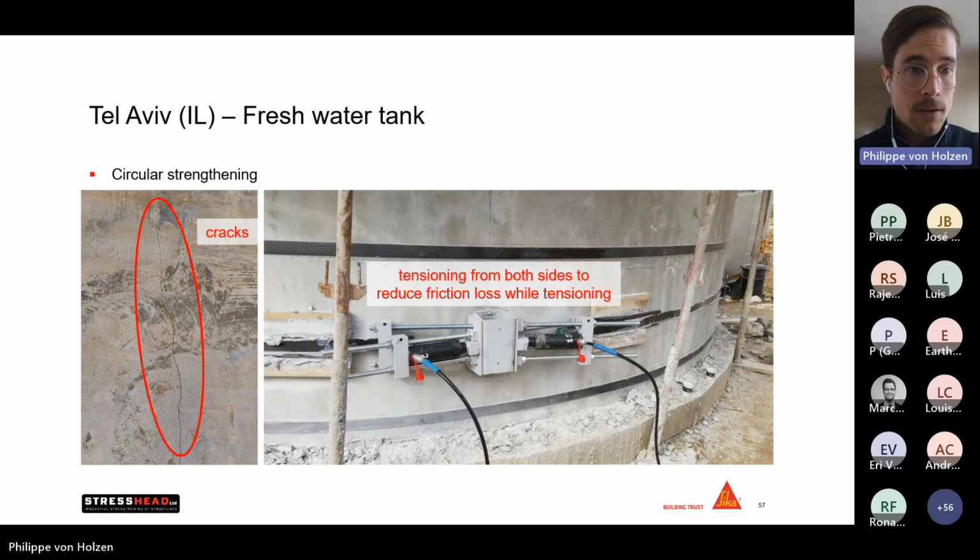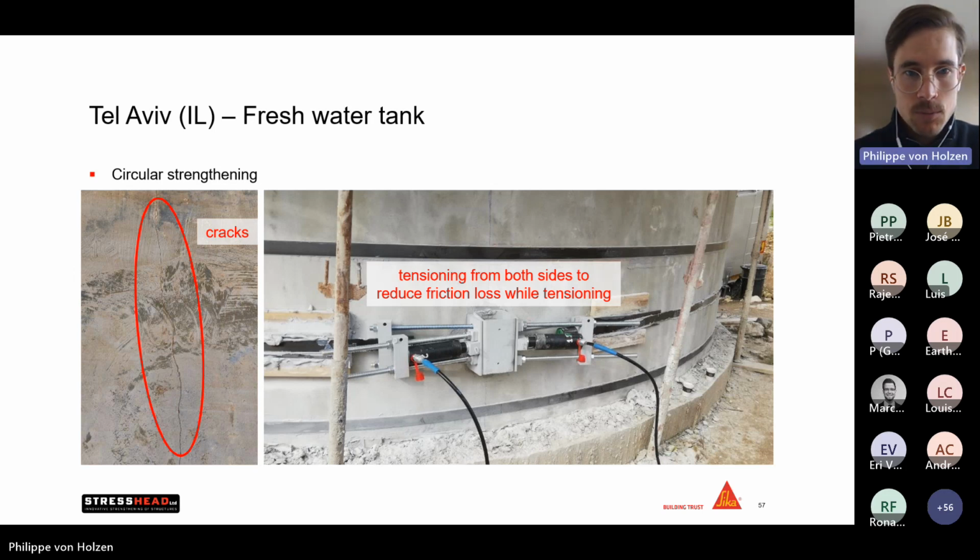Now, they made a full refurbishment on the inside to close those cracks. And for a structural strengthening, we installed a total of 8 systems over the height of this silo to give back this missing force.